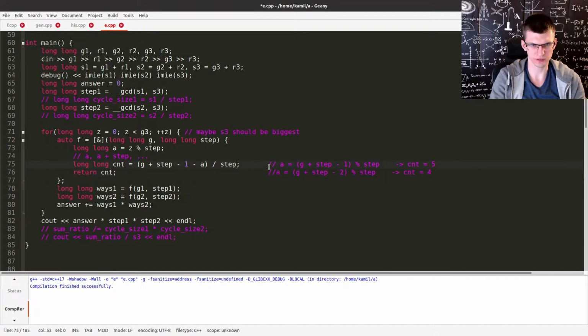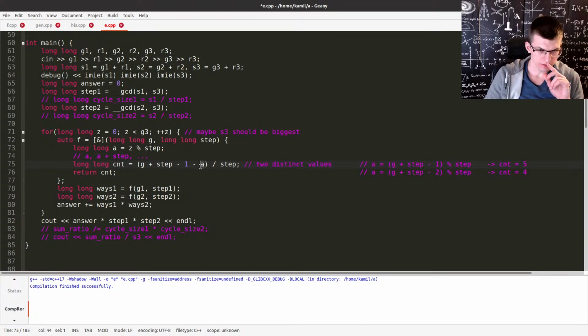That might be the crucial observation. Maybe I should write here z. Or a. Right, because when we divide something by 10, and we can decrease it by at most 9, then division by 10 will change only by 1. Not more than that.